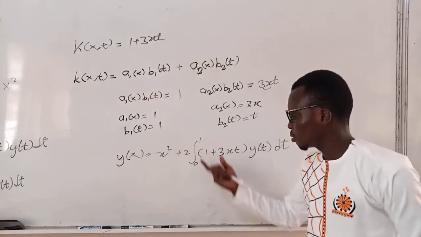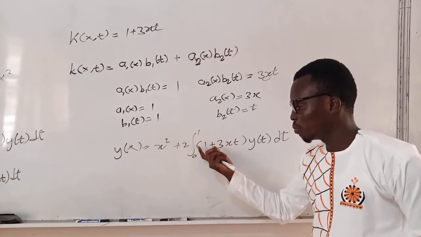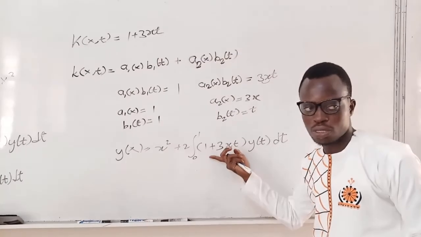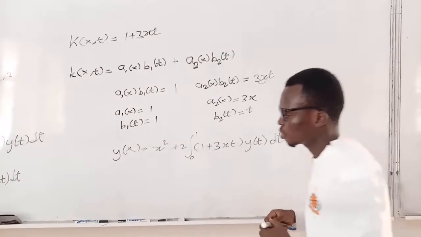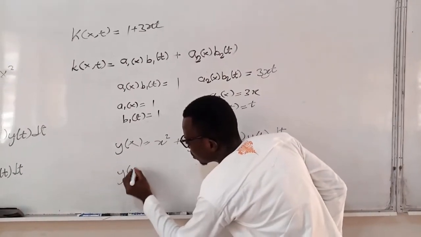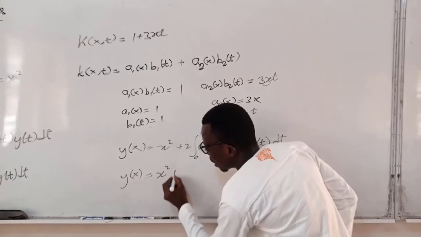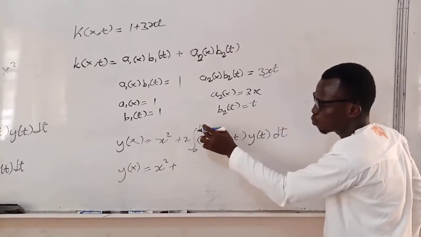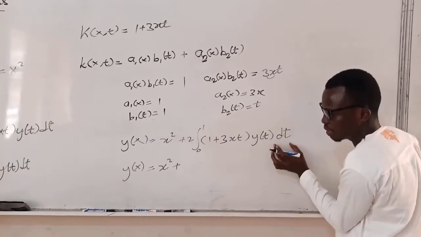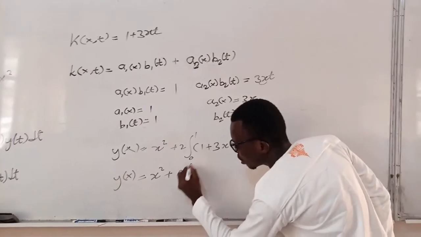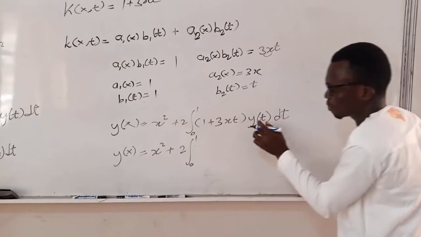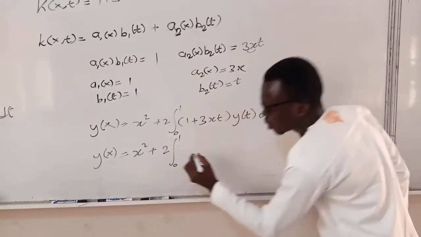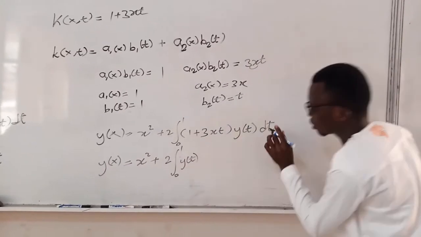Now we have a sum here, so we can easily separate it into two different terms. So y(s) becomes s squared plus 2 integral from 0 to 1 of 1 times y(t) dt, which is the same as y(t) dt.